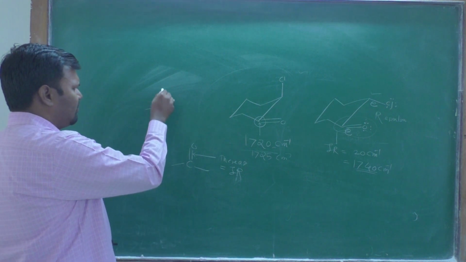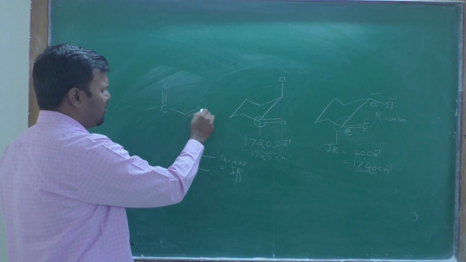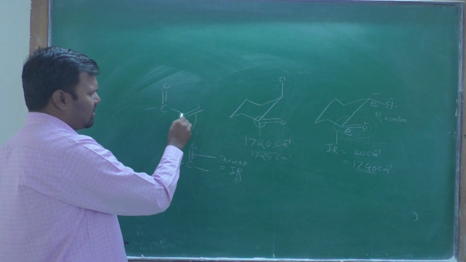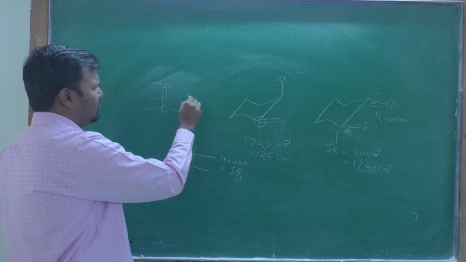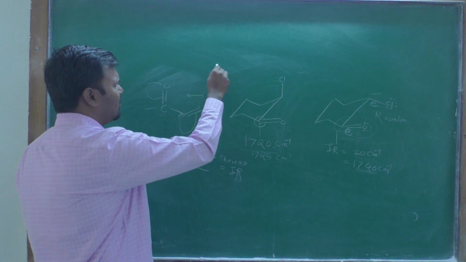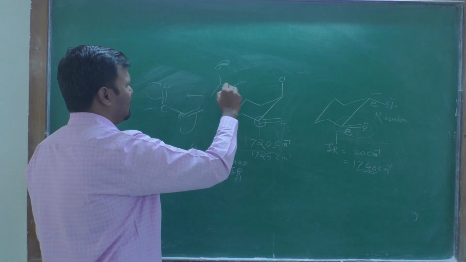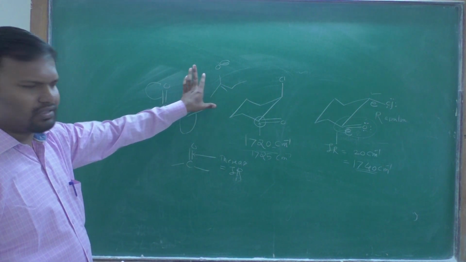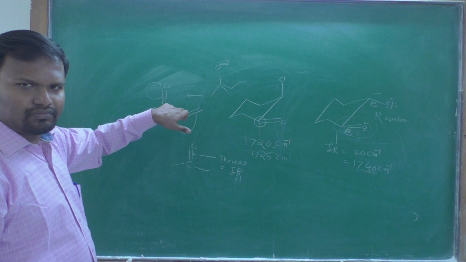Suppose we have such a kind of unsaturation there. Then by resonance, you will get another such enol type, the keto and the enol.